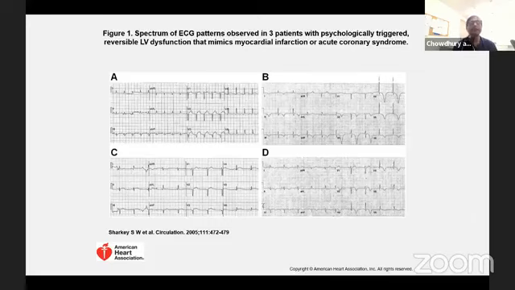Similarly, elderly patients or patients with emotional stress, and you have a bedside echo showing not so good correlation with the ST elevation and the apical ballooning, then before you give lytics, you need to be careful and suspect this, and then do the angiogram before you do anything else. And this is the problem with the stress cardiomyopathy.